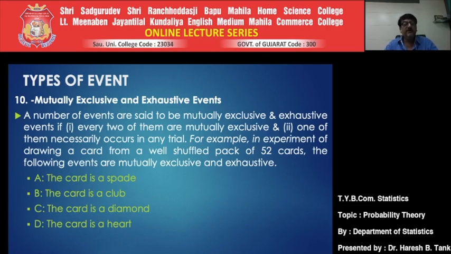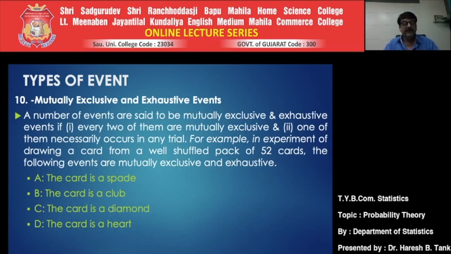A number of events are said to be mutually exclusive and exhaustive if the first property is that every two of them are mutually exclusive, and the second property is that one of them necessarily occurs in any trial. For example, in an experiment of drawing a card from a well-shuffled pack of 52 cards, the following events are mutually exclusive and exhaustive.